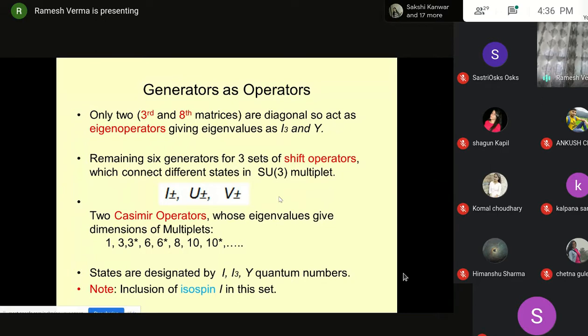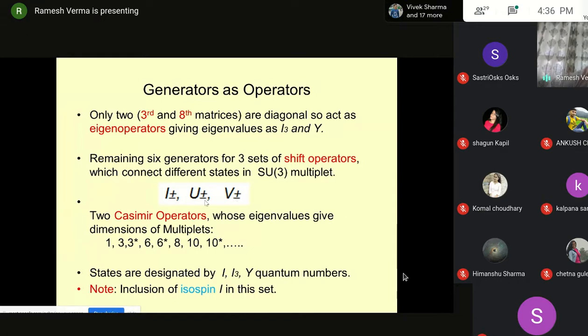In the same way, we find here three sets of operators, which we call I plus-minus, U plus-minus, and V plus-minus. And their action is very specific. For example, I plus-minus do the same kind of thing. They increase or decrease the value of I3.